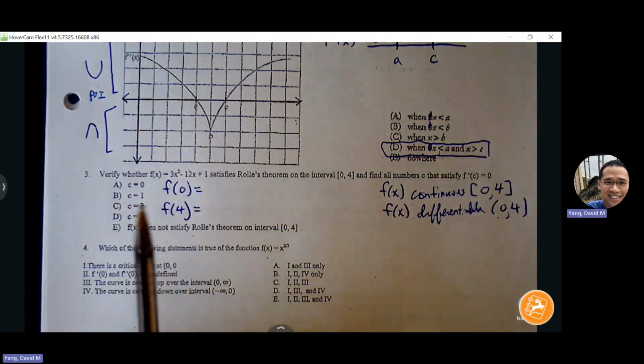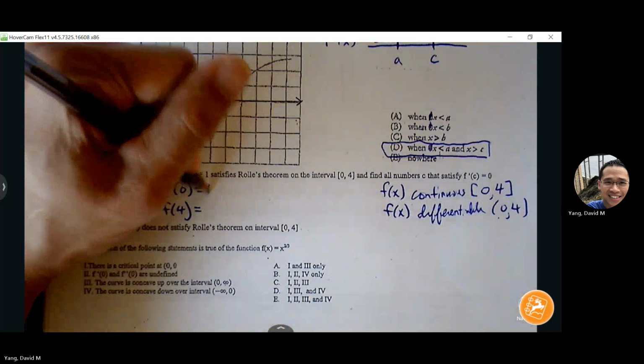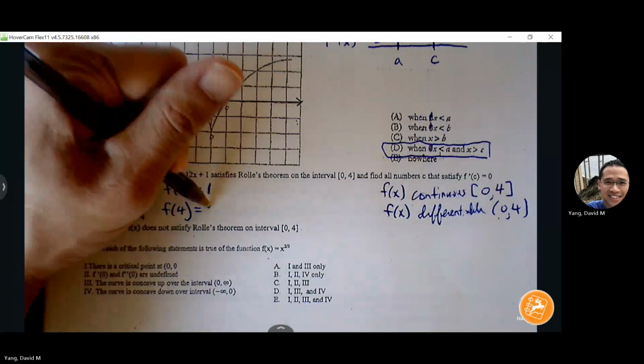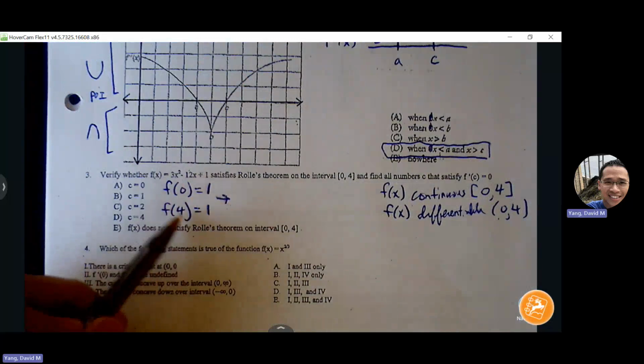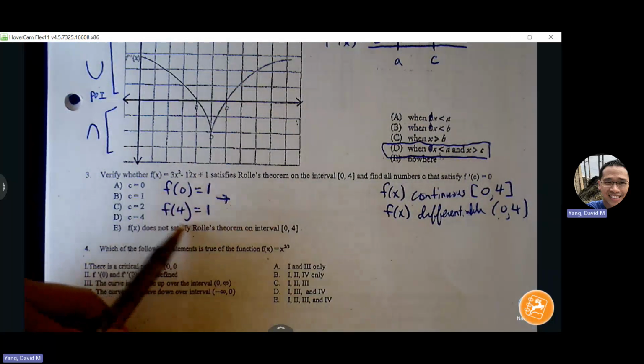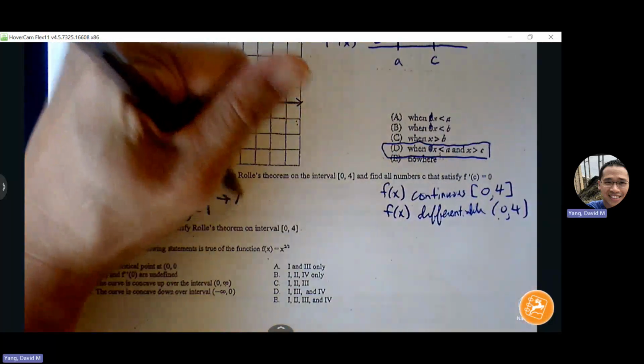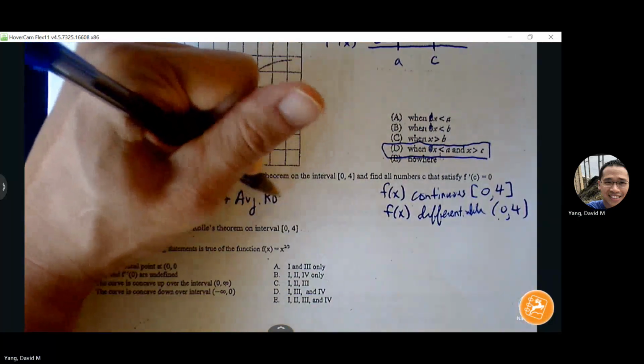So what's f of 0 equal to? What's f of 4 equal to? 1 as well. So if they have the same y value, that means the slope between these two endpoints will be what? 0. My average rate of change is 0.